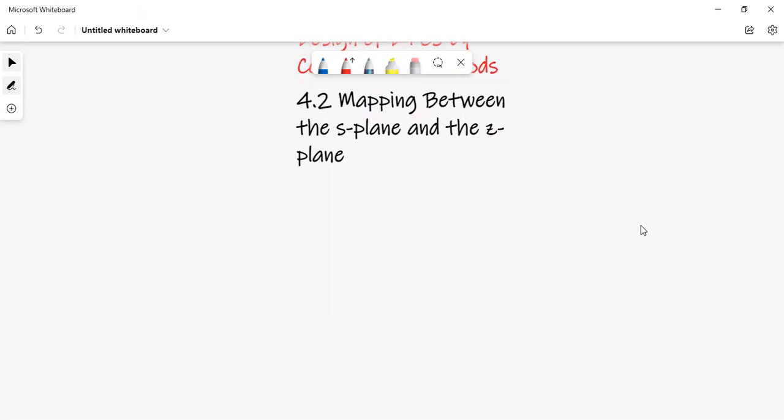So the S and the Z, the complex variables are related using the formula that we derived earlier, Z equal to e to the power TS. S is the complex variable in the S plane, whereas Z is the complex variable in the Z plane.